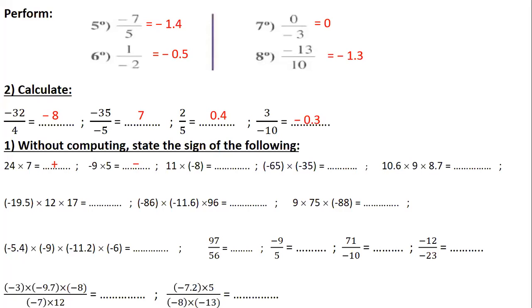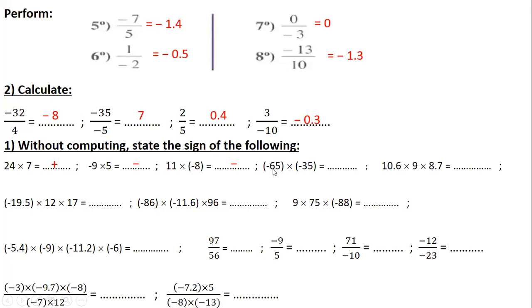Can I answer? Who's this? Can I answer? Sam. Hussein, 11 times negative 8. What's the sign of 11? Plus means positive. And 8? Negative. Positive times negative is? Negative. Negative. Thank you. Taleen.